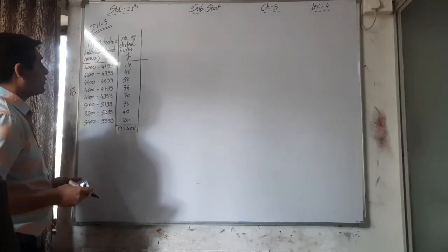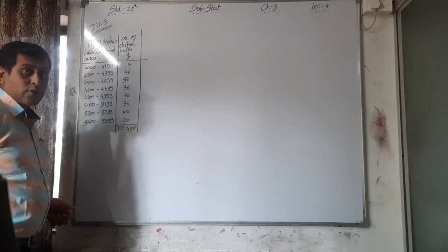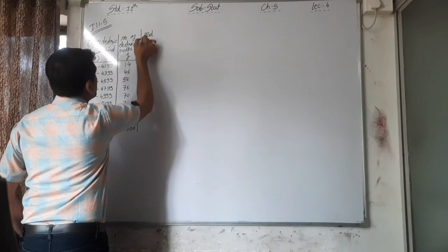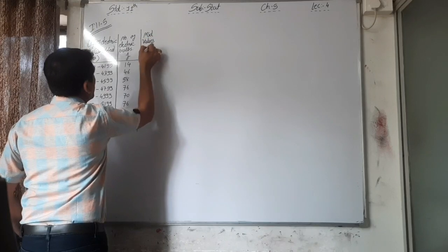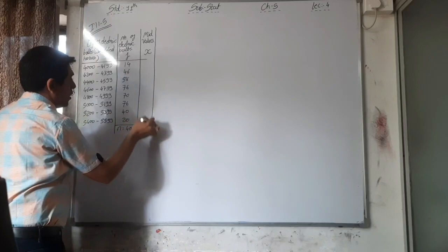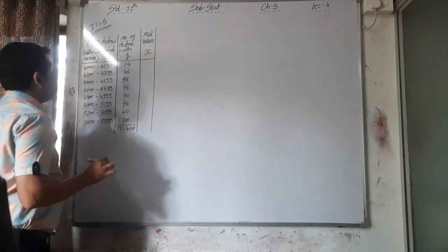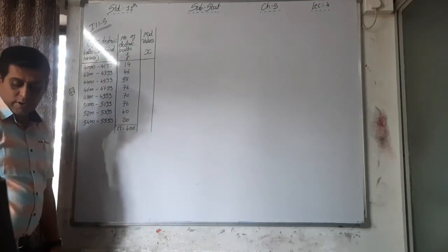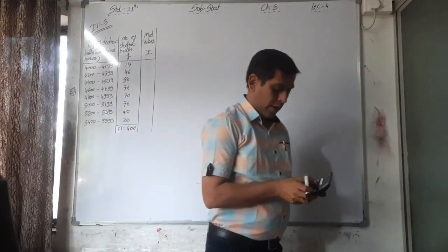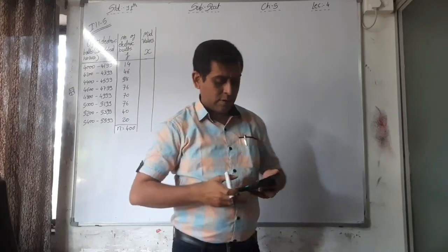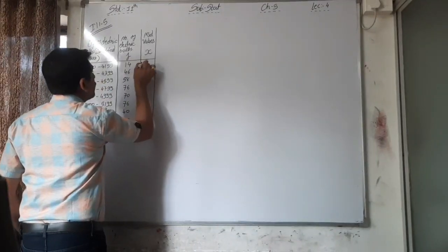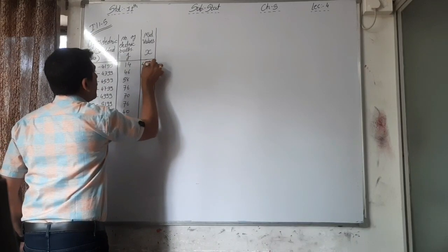Now what? We have to find out first of all the mid values to find out the mean. So mid values, that is your x. x is equal to what? 4000 plus 4199 divided by 2, that is 4099.5.